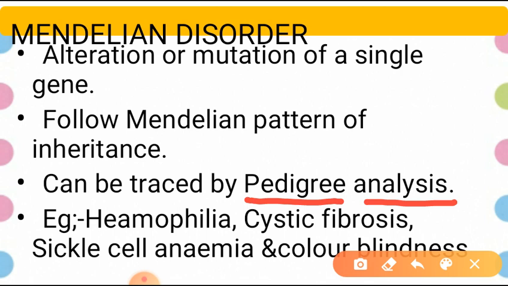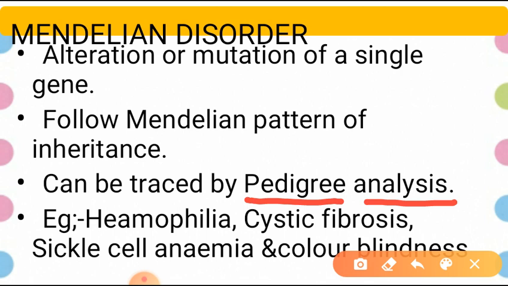In detail, you will be studying it in the later part of the lesson. So, pedigree analysis is a tool meant for the analysis of characters, how far a particular trait is inherited in a family. Clear?